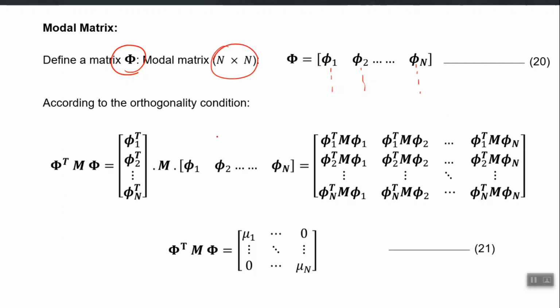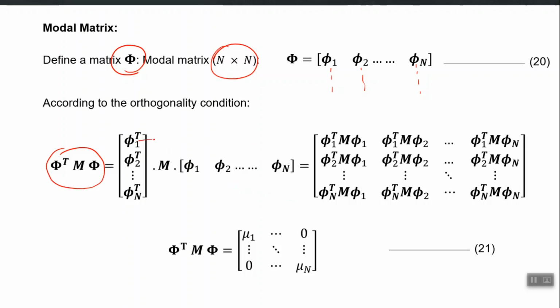Now according to the orthogonality condition, let us try to calculate this product, capital phi transpose times mass times capital phi again. So capital phi transpose will now be a square matrix with each mode shape as a row, because it is now transposed.